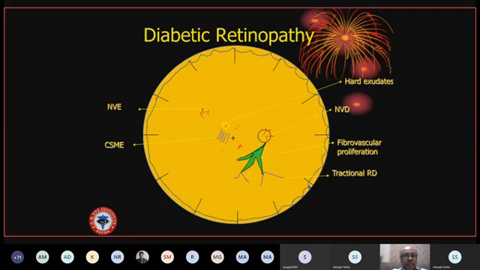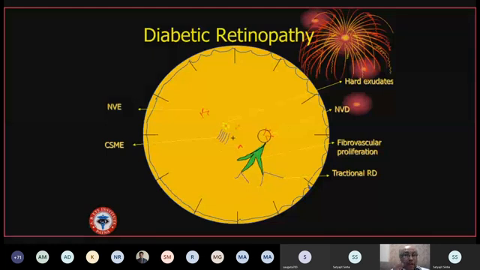Anything in the vitreous cavity, exactly what Dr. Pooja has shown, tractional detachment, that is fibrovascular proliferation, a vitreous hemorrhage, or the operculum, anything in the vitreous cavity, put it as green. I'm giving a very simplified version of what she is showing here. Any retinal pathology, that means a retinal detachment, a retinal thickening, cystoid macular edema, all as blue.